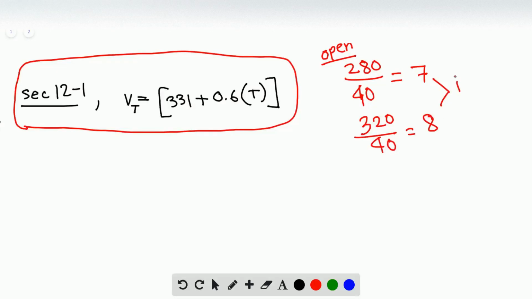So these are all integers. So it is a possibility that it's an open pipe.